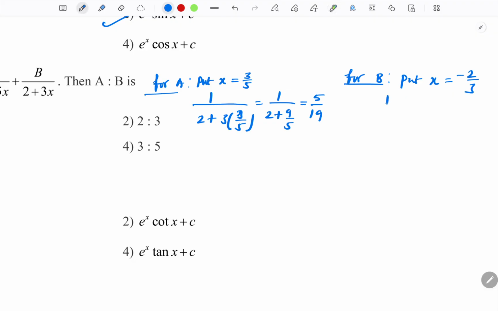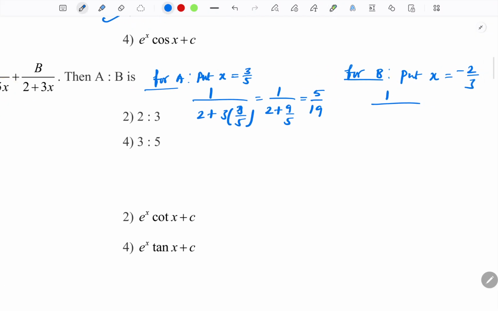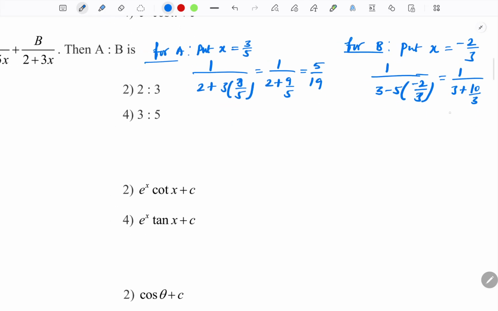Then substitute minus 2 by 3 in the first part, 3 minus 5x. Minus times minus is plus, then 1 by 3 plus 10 by 3, and it will become 3 by 19.